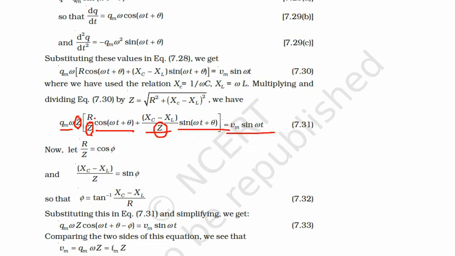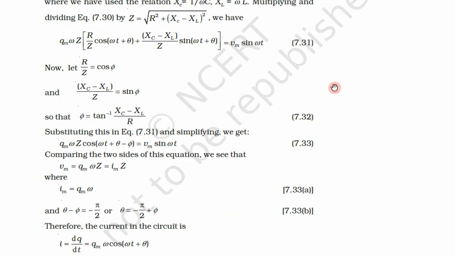Now we are saying that R by Z is cos phi, and Xc minus XL upon Z is sin phi. We are assuming that this is the relation between these: R upon Z is equal to cos phi and Xc minus XL upon Z is sin phi.